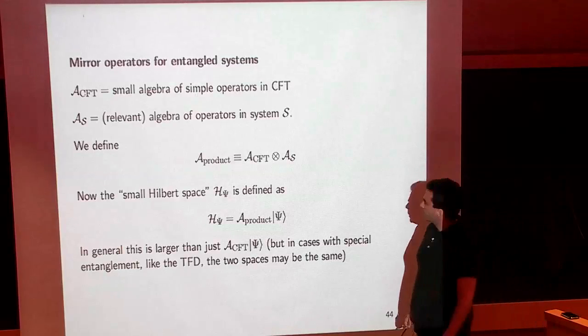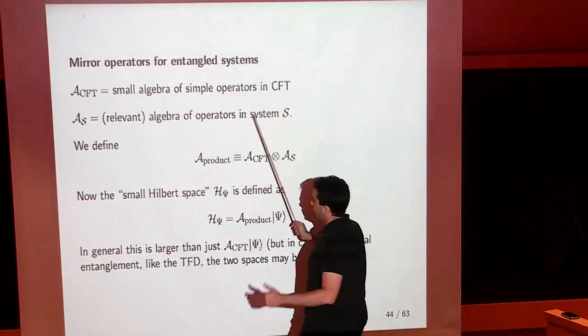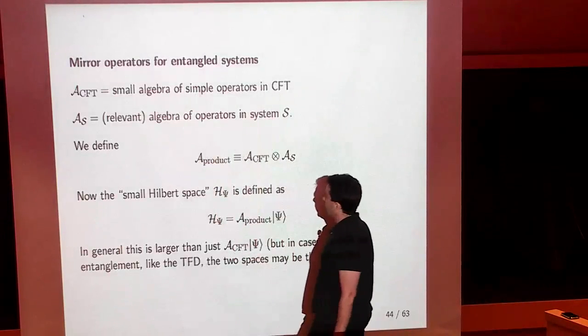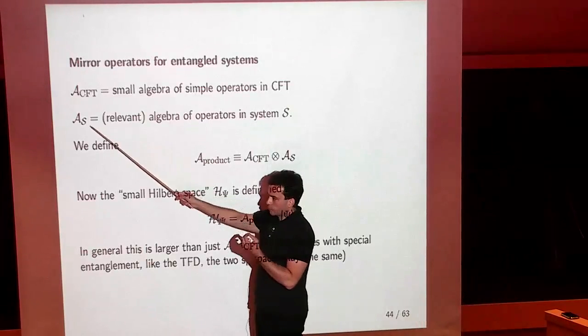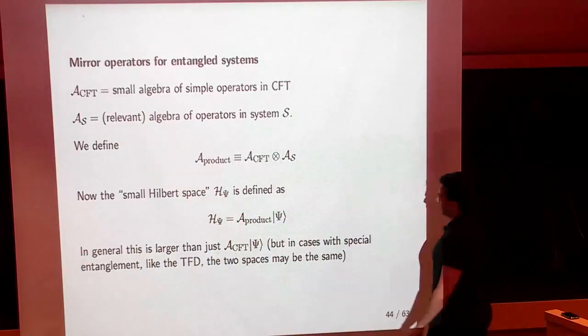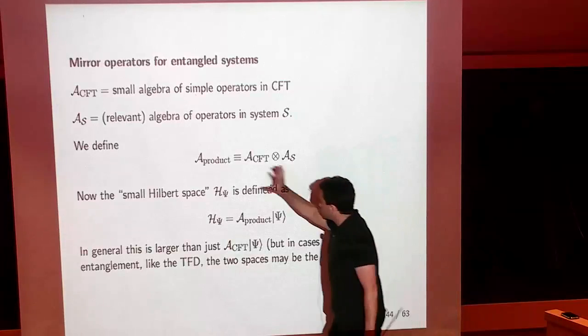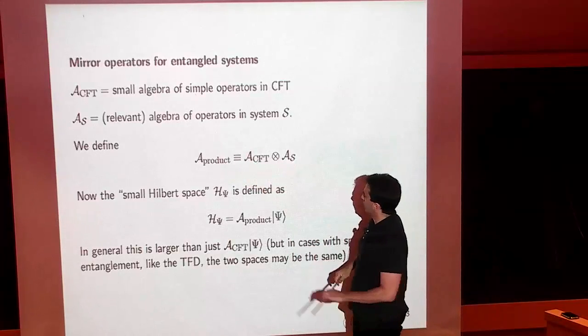In this case, when we have two systems, we have two algebras. One is the small algebra of simple operators in the original CFT, and then A_S is the algebra of operators in the second system. Now we consider the product of the two algebras.